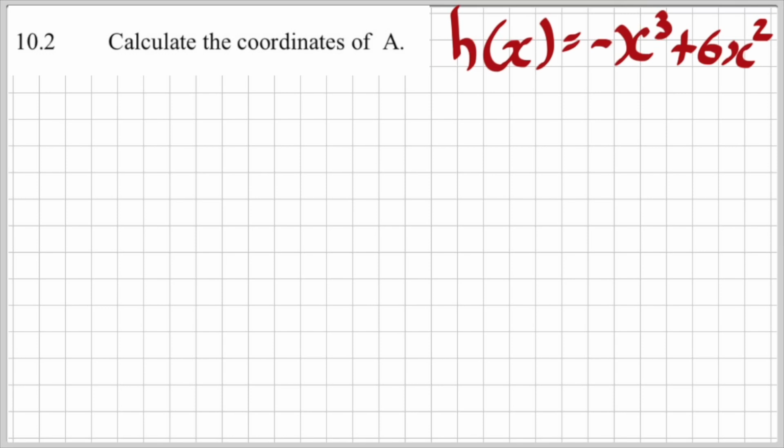Remember that you have h of x equal to that. Whether you could prove it or not is irrelevant, but you've got h of x equal to negative x cubed plus 6x squared. What is A? What makes A special? A is the x-intercept. If A is the x-intercept, then y must be 0.